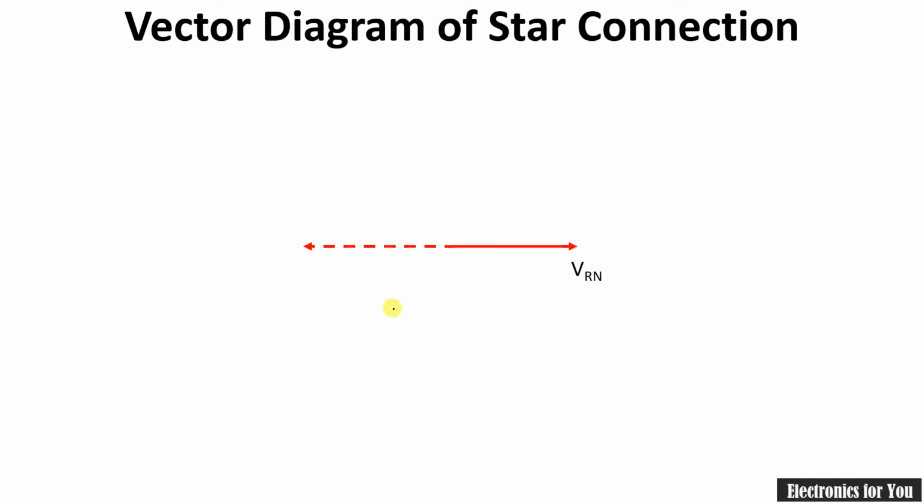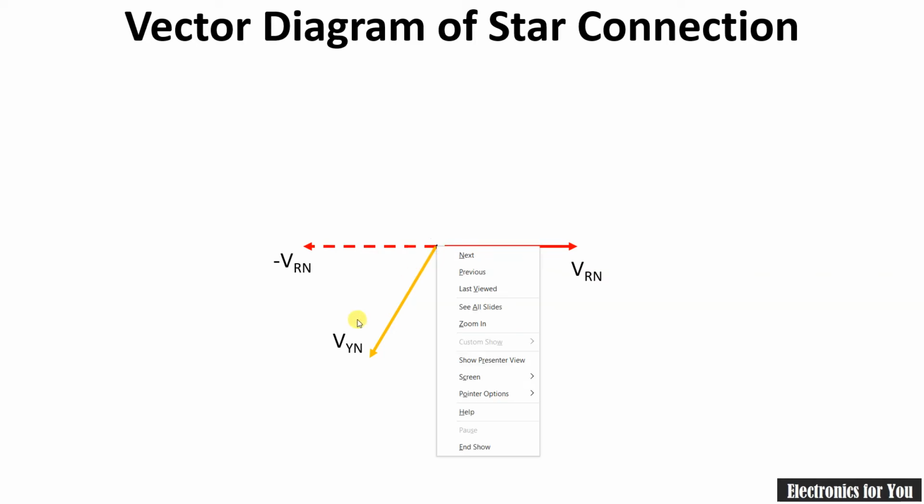Now the yellow phase is 120 degrees apart from this, and therefore it can be shown just like this. Here the phase difference between red and yellow is 120 degrees and it is VYN. So VYN is having positive direction in this way, and exactly in the opposite direction we will get its negative, that is minus VYN, can be shown like this.